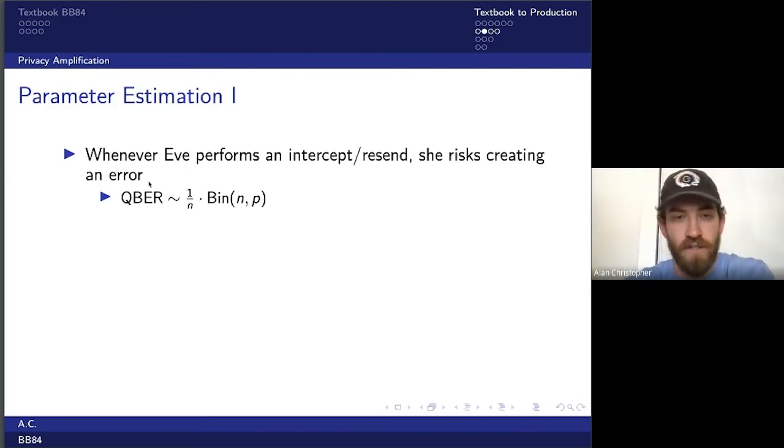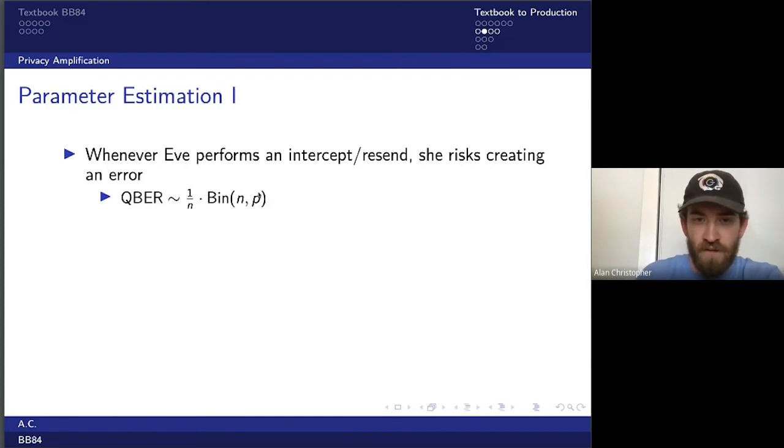And we're going to note that if Eve is eavesdropping, then that measured QBER is going to be a scaled binomial, parameterized both by the number of bits we're interacting with, and then P, the true underlying probability that Eve introduces an error. And that's going to be informed by how clever Eve is with her snooping mechanism, how many bits Eve bothers to intercept and resend. Those two should be the big main ones. I might be forgetting something.